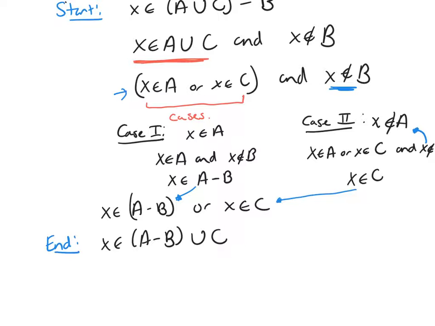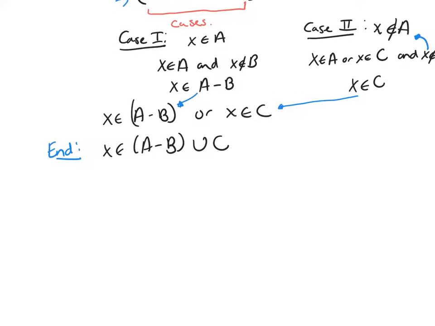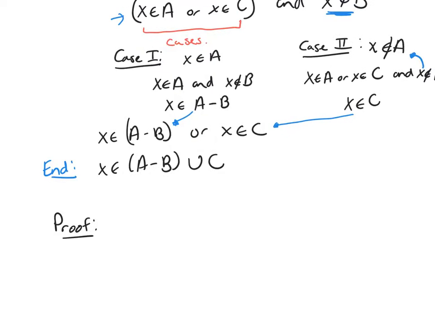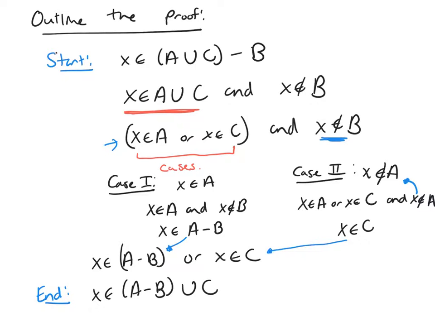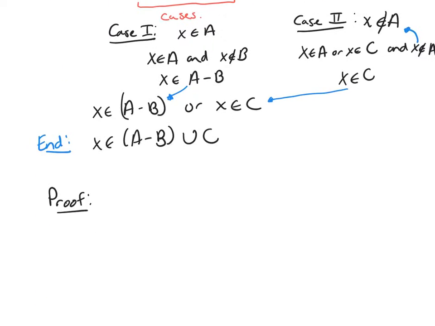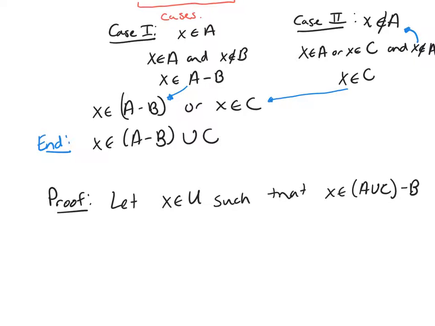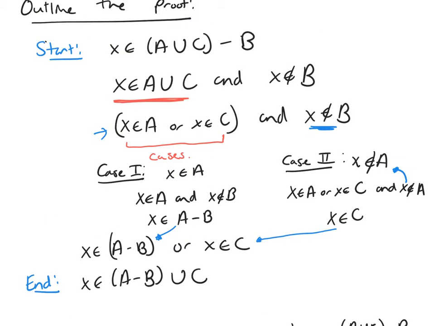So now let's take this and write a formal proof. Look at the start of your outline. You're going to take an X in A union C minus B. So you're going to let X be in the universal set such that X is in A union C minus B. Then go back and look at my outline again.